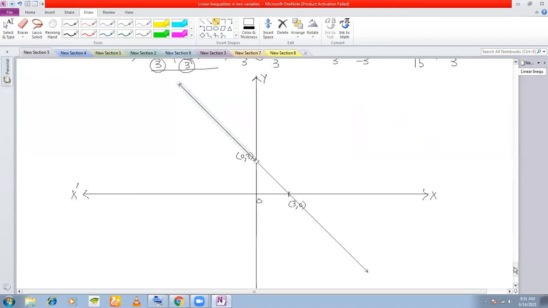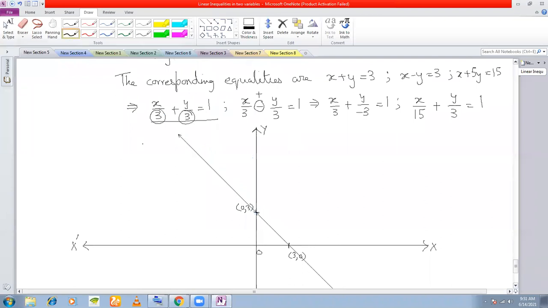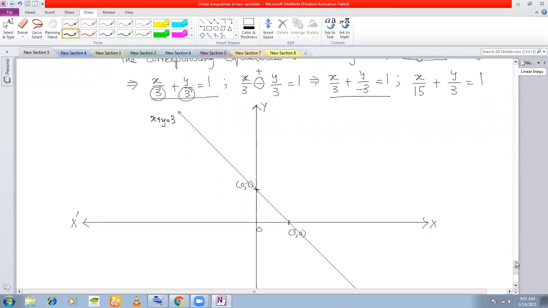Okay, which equation does the straight line represent? x plus y is equal to 3. Next equation here is x minus y equal to 3, whose corresponding equation we have got here as x by 3 plus y by minus 3.